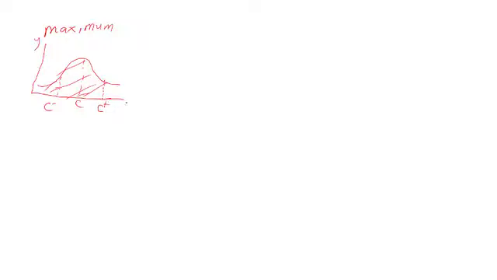This is our y-axis. Let's say this is our x-axis. So when you have something, and this should be an equation of y equals f(x), because we are still dealing with an equation for you to differentiate. Now, a stationary point, as we know from our previous explanation, talks about the point where dy/dx is equal to 0.